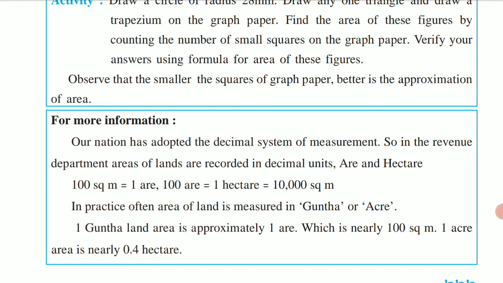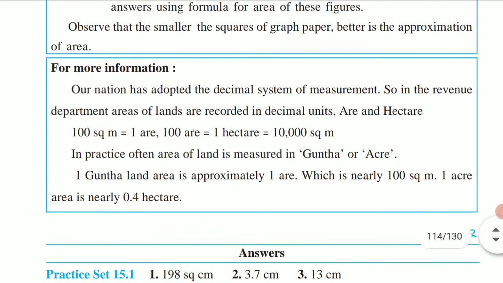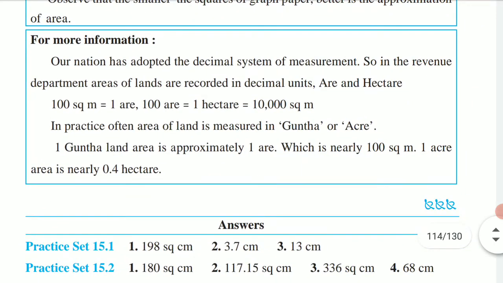For more information, remember one thing: our nation has adopted the decimal system for measurement. So, in the revenue department, area of land is recorded in decimal units, acres and hectares. 100 square meter is equal to 1 are. 100 are is equal to 1 hectare, is equal to 10,000 square meter.